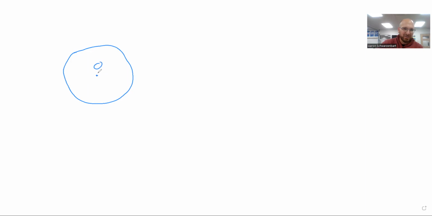A central angle goes through the center. I'm going to put one of those here in red. I'll just draw it as a line. And remember that my central angle, MOT, is equal to my arc measure. Okay?